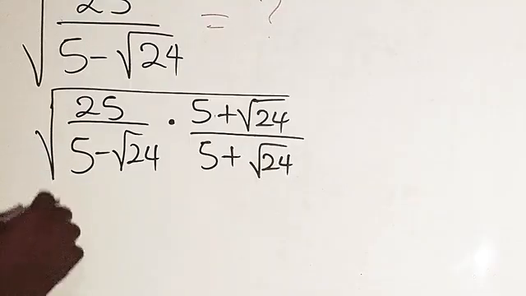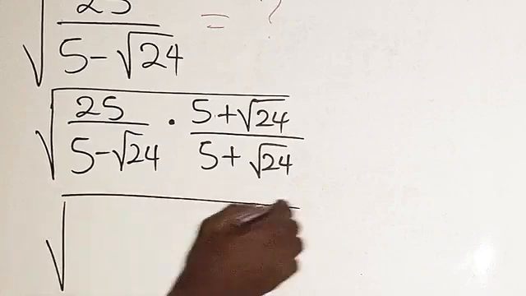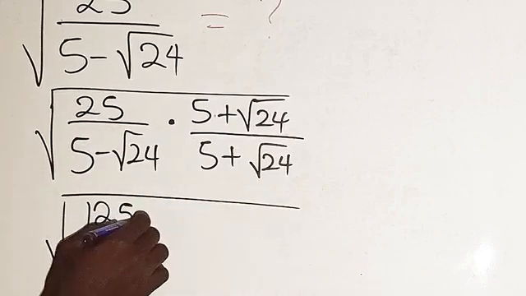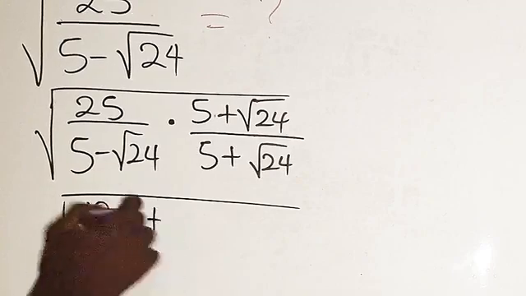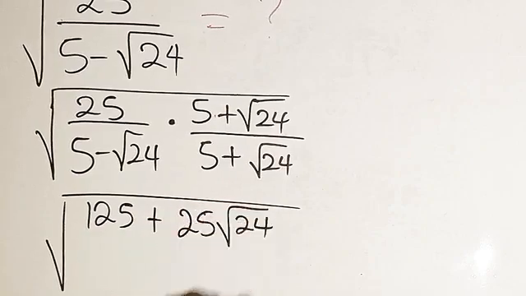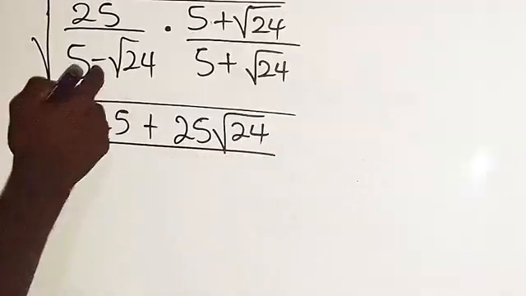So now we can see that this is going to be 25 times 25, we are going to have 125, right? Then plus 25 times this, we are going to have 25 root 24, then divided by here.